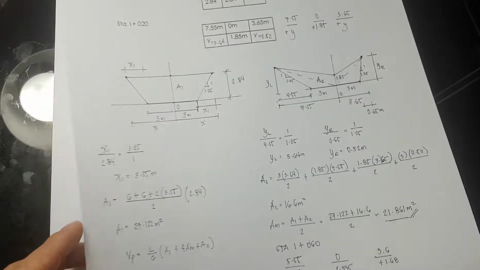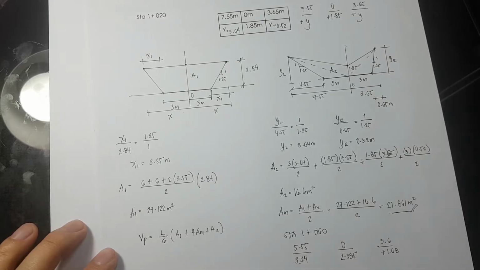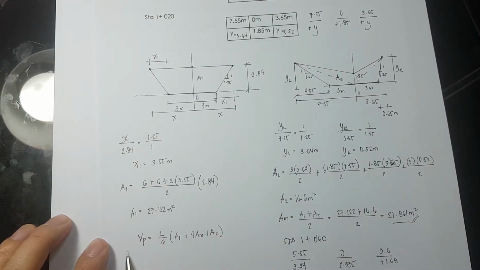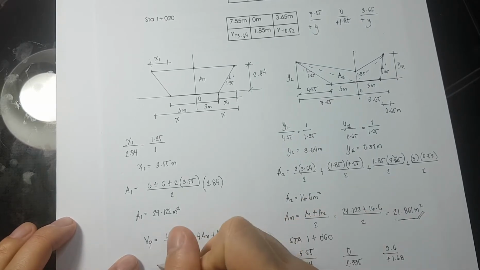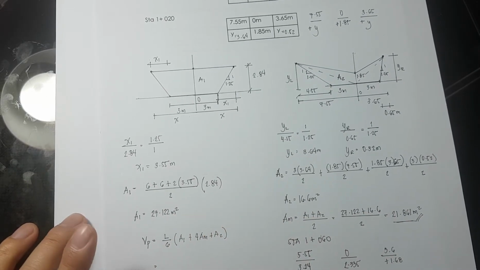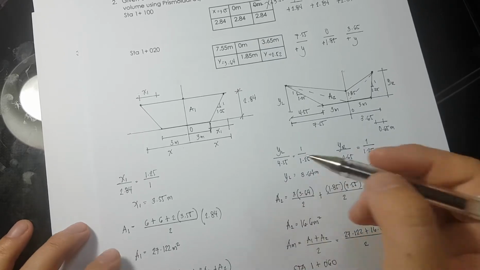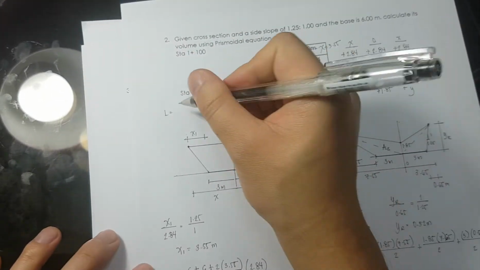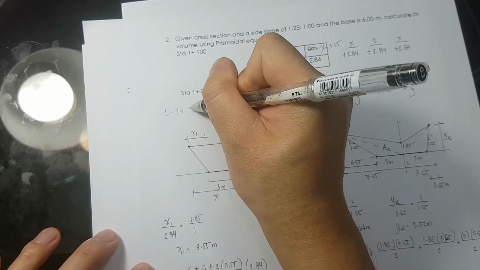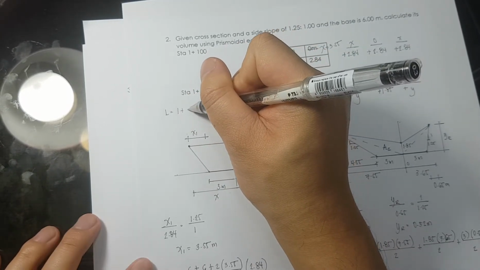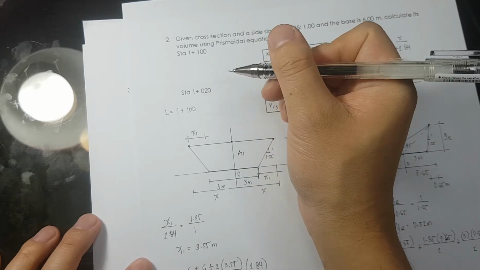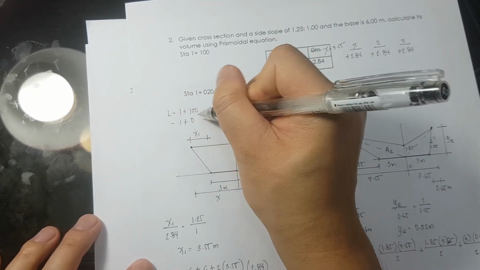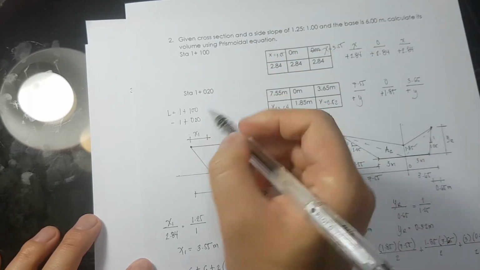Okay? Now, solving for the volume of the section using prismoidal, VP is equivalent to L over 6. Now, what is the L? So, L is equivalent to 1,000 meters plus 100 minus 1 plus 0.20. Okay?